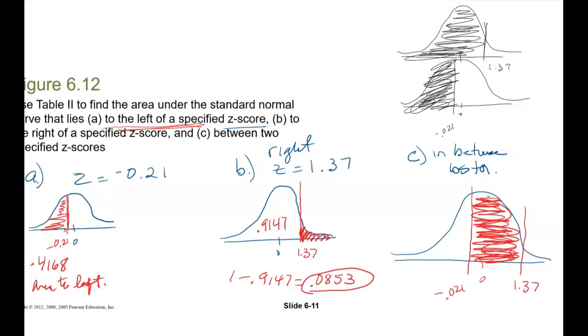And I want you to just stop for a minute and think about those two areas. We do have them. We know what they are. This one was, if you look up positive 1.37 and go to the left, 0.9147. And of course, negative 0.21 to the left was a little under 0.5.